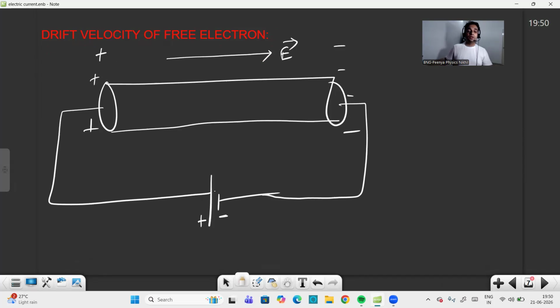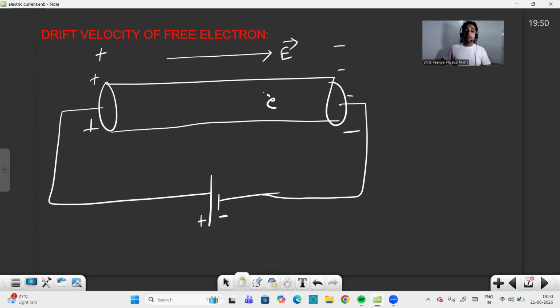So this is the higher potential line, and on the other side the lower potential line. In the whole conductor, the electric field is established from higher potential to lower potential. Now all the electrons will start to experience the force in one direction, because the electron has negative charge, and you know already that on a negative charge the force is experienced in the opposite direction of the electric field.